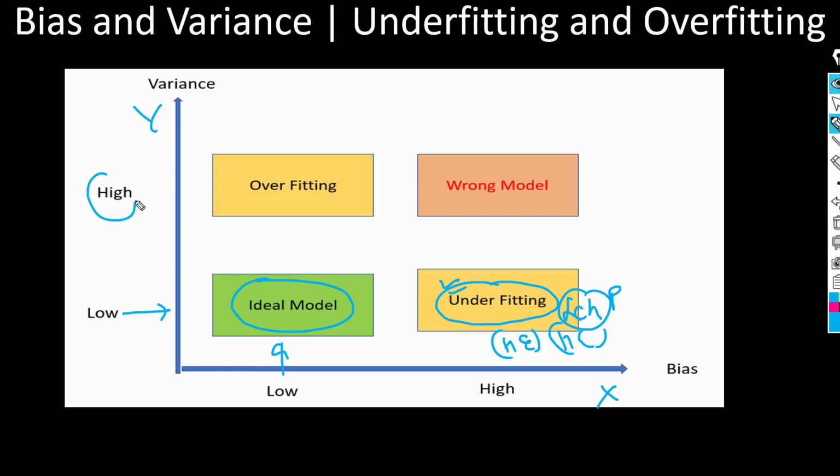And when we have high variance, it means high variability between the training and testing error, and low bias, it means less error in the training. That is called overfitting, and this is the wrong model where we have high bias and high variance. We never get this type of model in real scenarios.